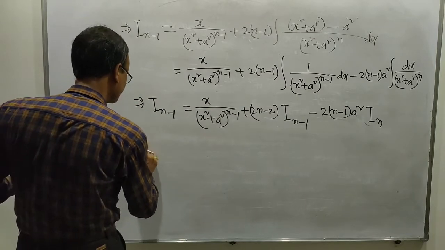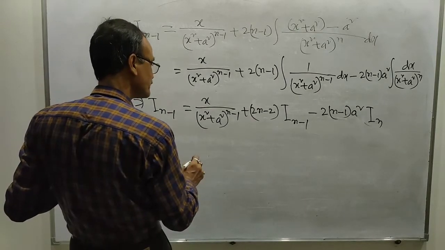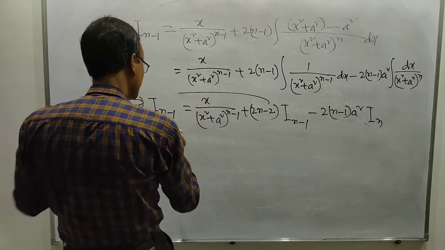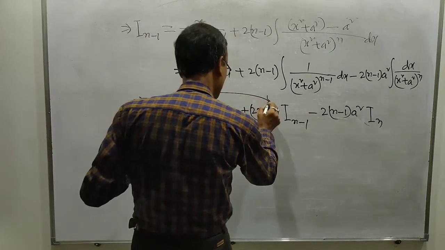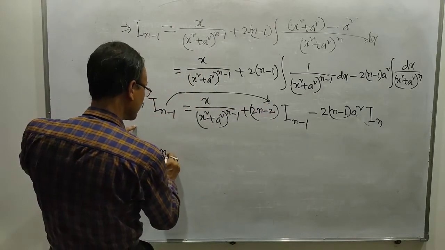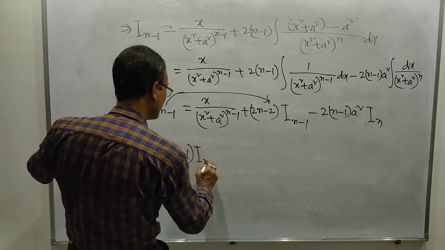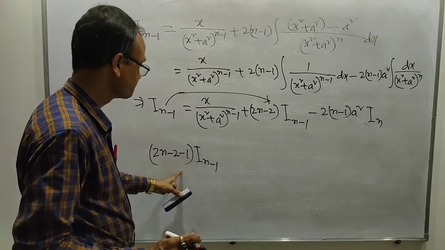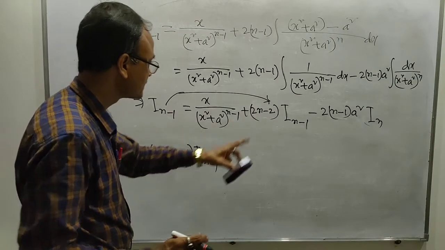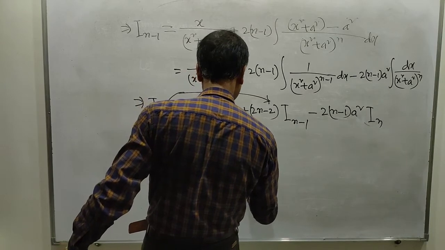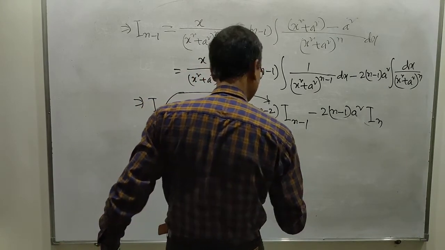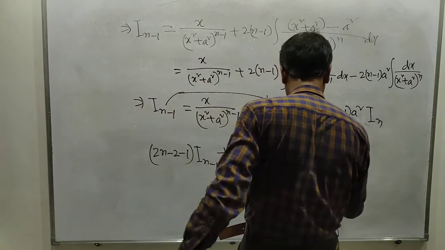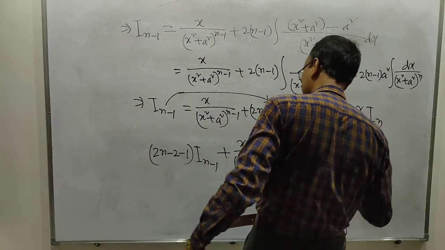This means I_(n-1) is also there. Take this term to this side, so 2(n-1) minus 1 into I_(n-1). Write I_(n-1) on one side, plus x divided by (x² + a²)^(n-1), equal to 2(n-1)a² I_n.